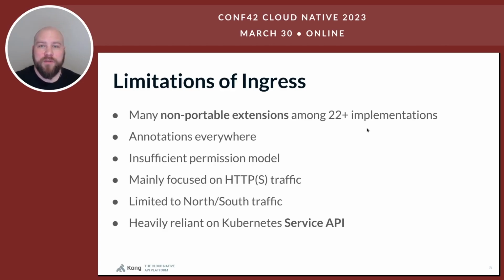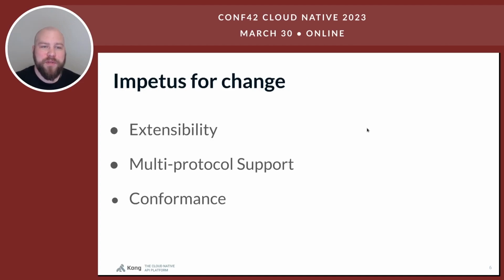And in general, there are some very high-level things that were the impetus for change here: extensibility, multi-protocol support, and conformance. Extensibility with conformance was a really big part of this. We wanted to have a conformance test suite, conformance levels, which we'll talk about in a little bit, and basically be able to have conformant implementations while also accounting for the future of extensibility.